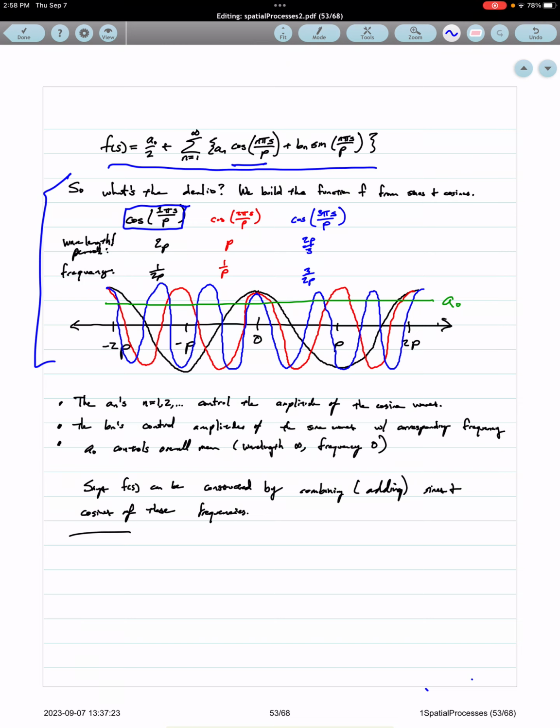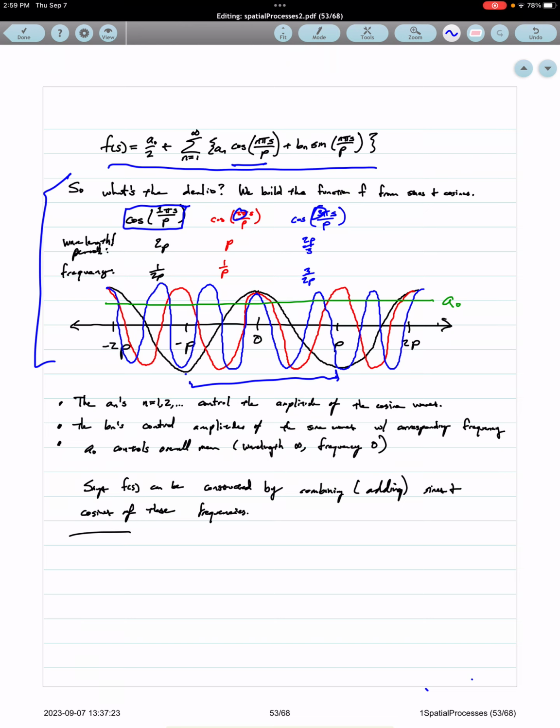That gives us the black wave, which is a cosine wave with period 2p. And then when n is 2, we double that frequency, or we cut the wavelength in half, and that's what's shown with this red wave, which goes through 2 full cycles in the period between negative p and p. And then when n is 3, we have the blue wave, which goes through 3 full cycles.